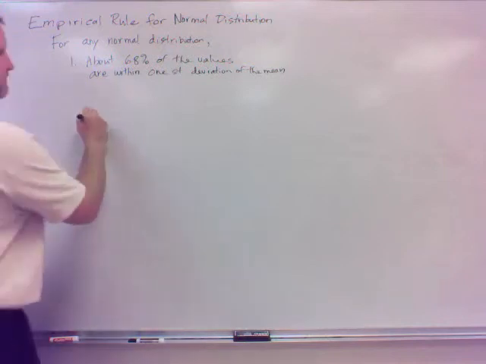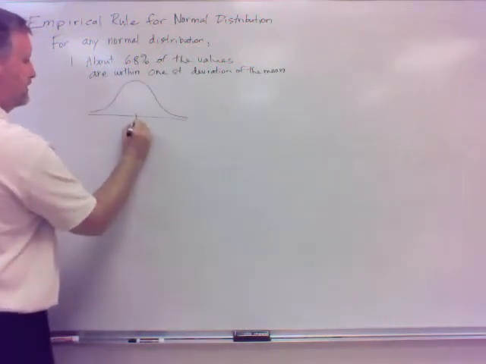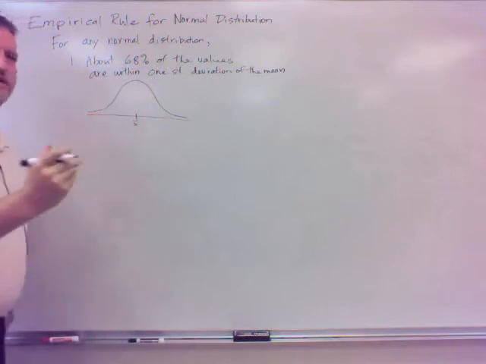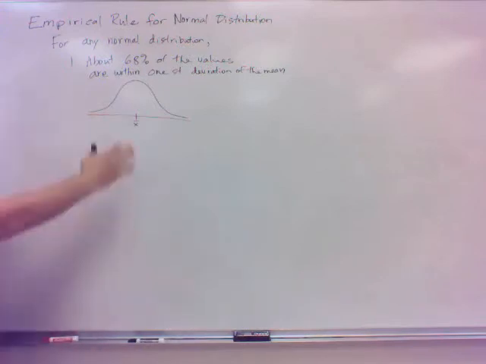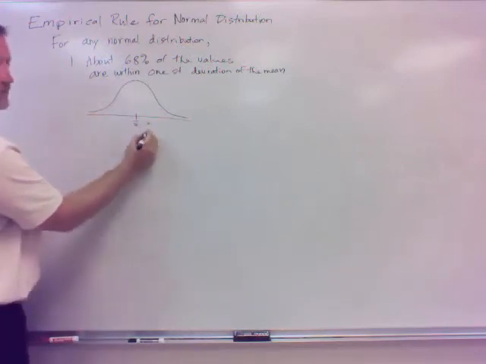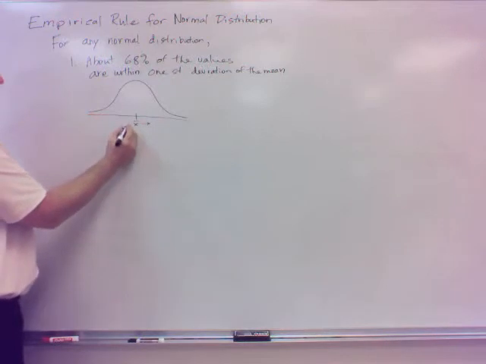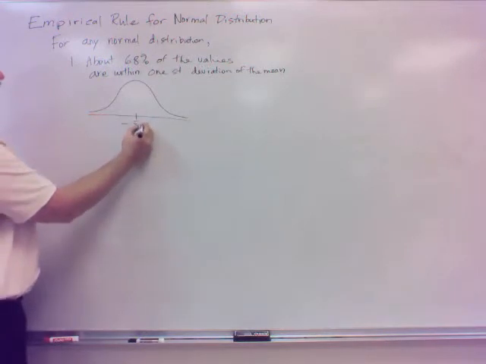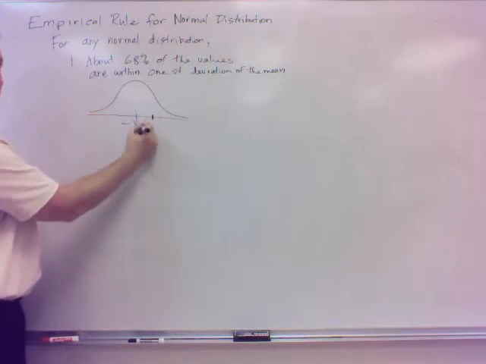is if I take my bell curve here and my mean, and what's the usual letter for standard deviation? S. Say my standard deviation is S. What this means is if I go out in both directions, one standard deviation means I can go backwards or forwards. If I go forwards, one standard deviation, that puts me at that value. I just add it to that.